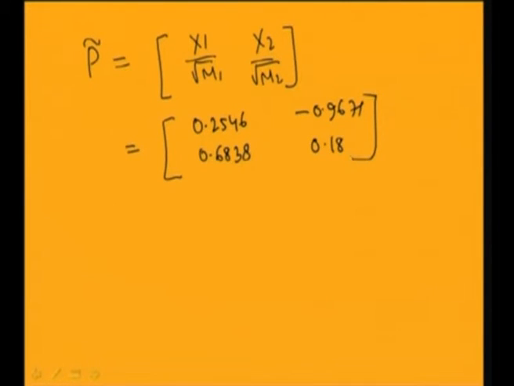So now you can verify this P weighted model matrix: transpose MP equal to I matrix, that is the identity matrix, and P weighted model matrix KP is nothing but the lambda matrix.